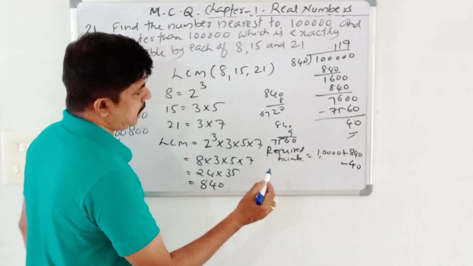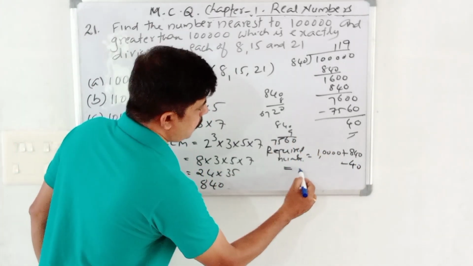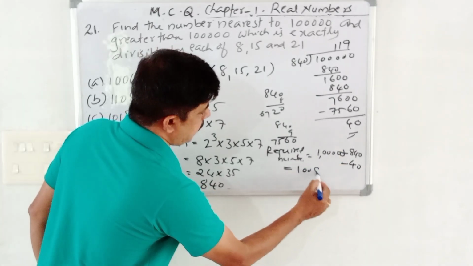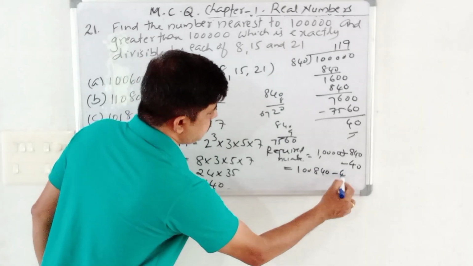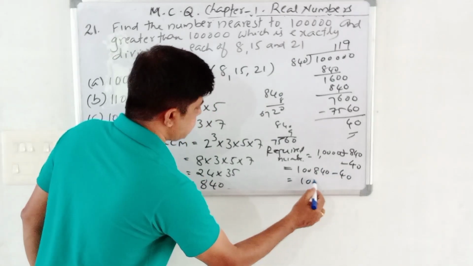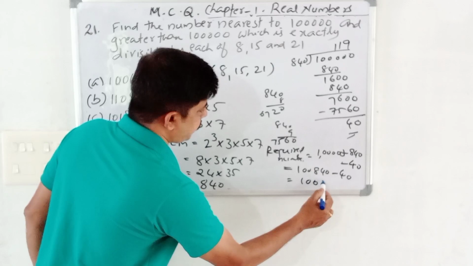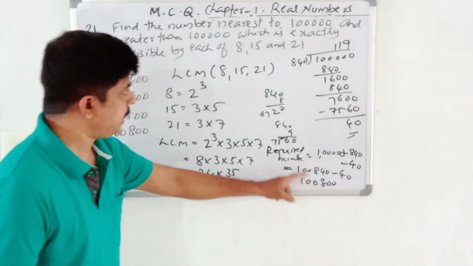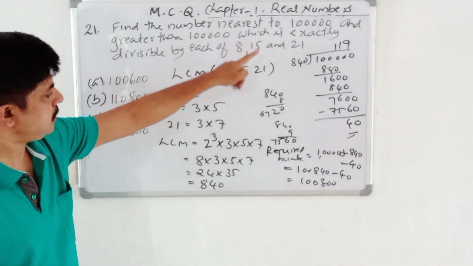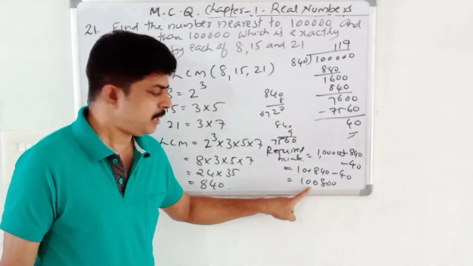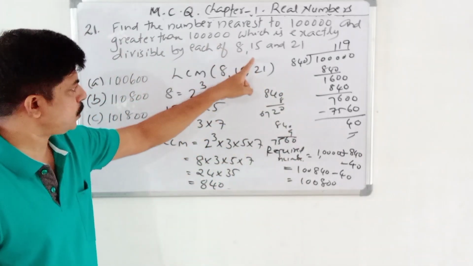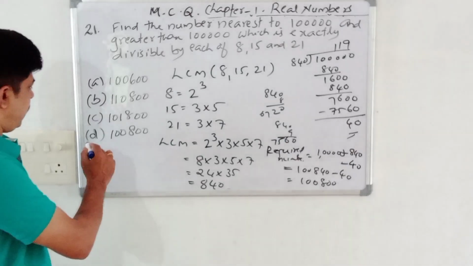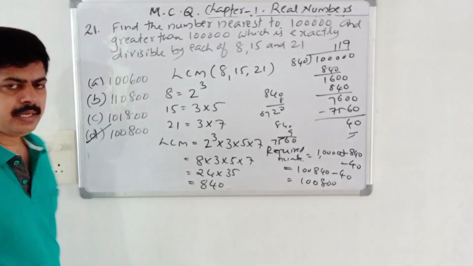Therefore 1 lakh plus 840 we are getting 1,00,840 minus 40. Therefore our answer is 1,00,800. This number is more than 1 lakh and is exactly divisible by 8, 15, 21. Therefore, our option is D. D is the right answer.